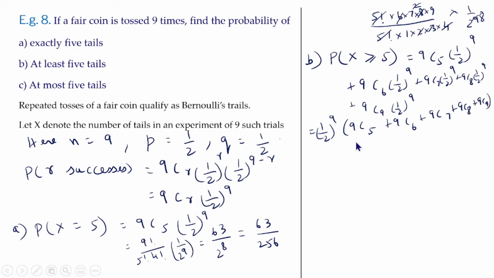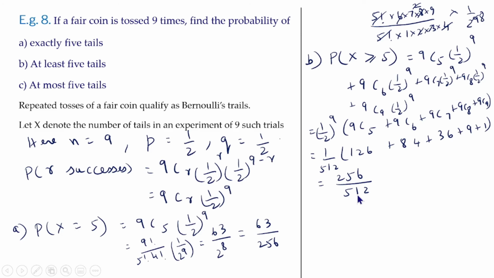So if we expand each of these and simplify, into (half) the whole raised to 9, we get 1 by 512 into 126 plus 84 plus 36 plus 9 plus 1. So we get 256 upon 512. So probability of x greater than or equal to 5 is 256 upon 512.